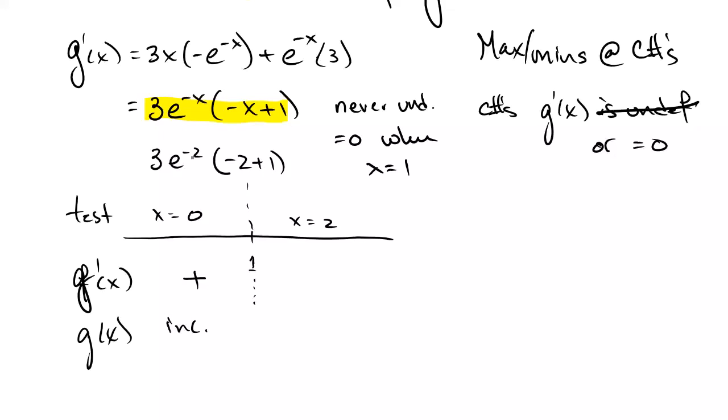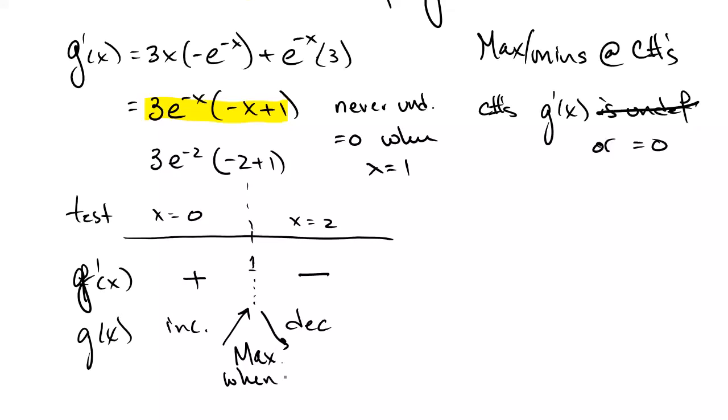Well, e to the negative 2 is going to be a positive number. Negative 2 plus 1, on the other hand, is going to be a negative number, which means that our function is decreasing. And anytime we go from increasing to decreasing at a critical number, it means we have a maximum there.